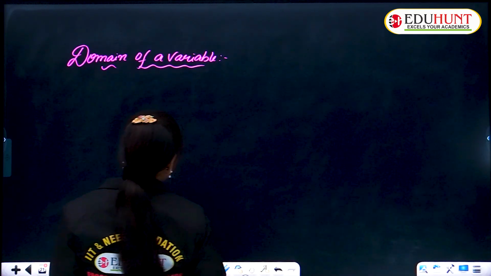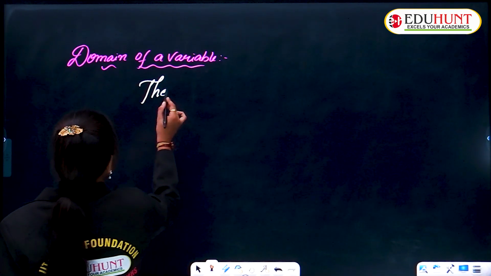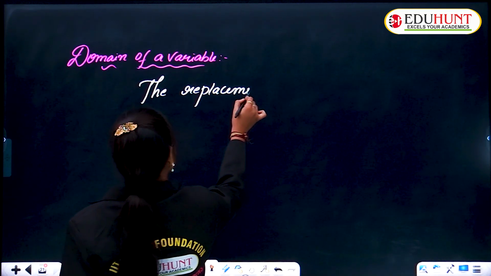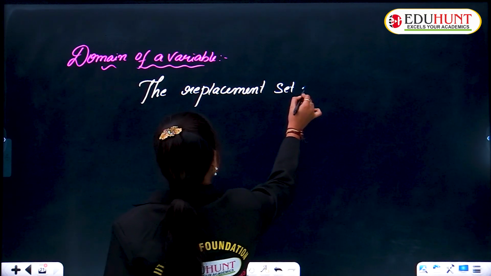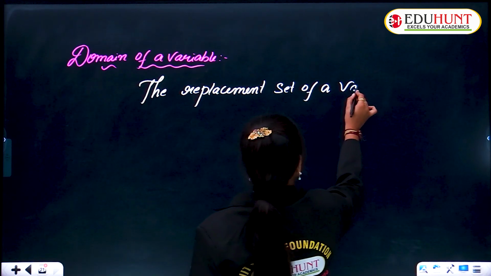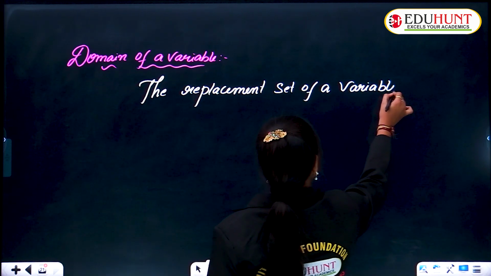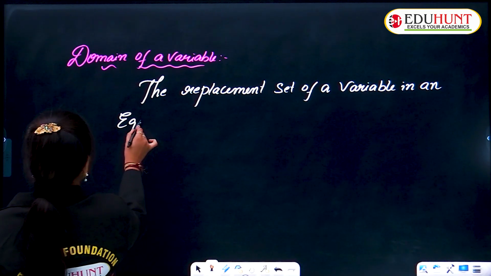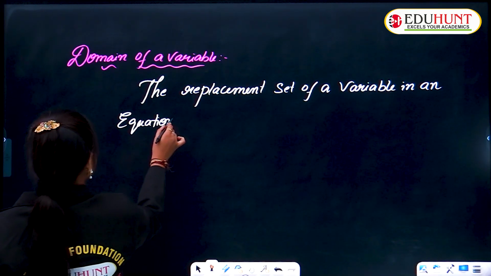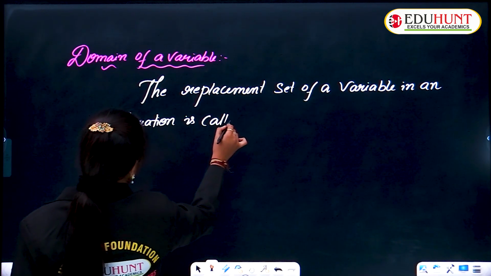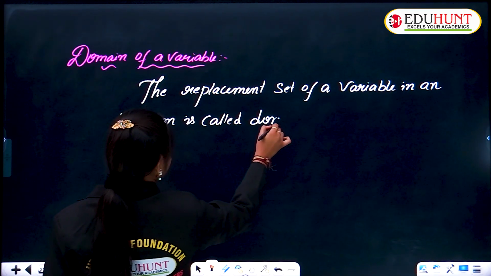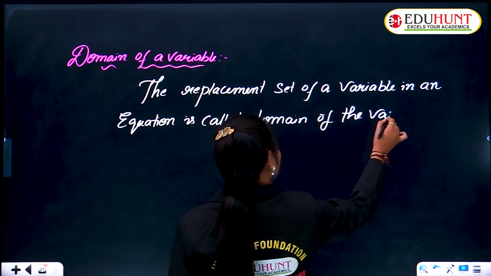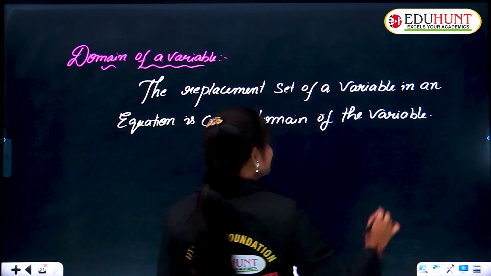The replacement set of a variable in an equation is called the domain of the variable. Just see that replacement set.